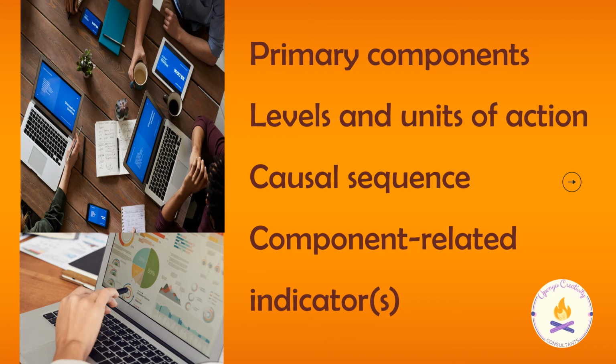And then component-related indicators. After each activity, this is the indicator of success. When we say it's successful, then we move on to the next and to the next. So each of those component-related indicators must be part of the monitoring and evaluation plan.